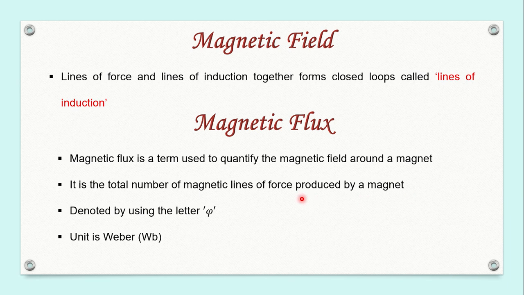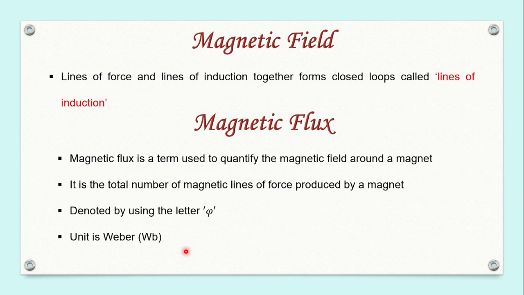It is denoted by the letter phi, and the unit of magnetic flux is Weber, denoted as Wb.